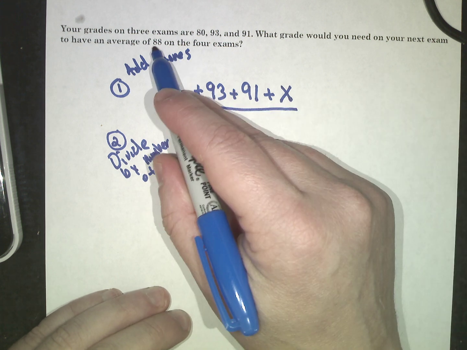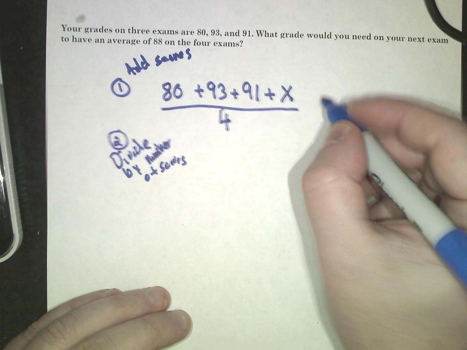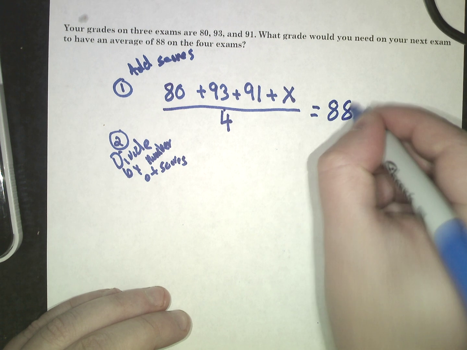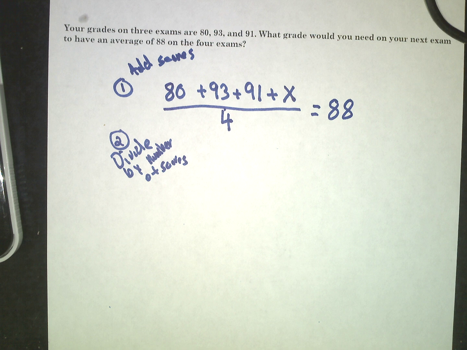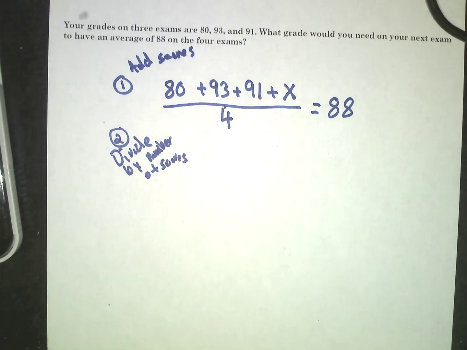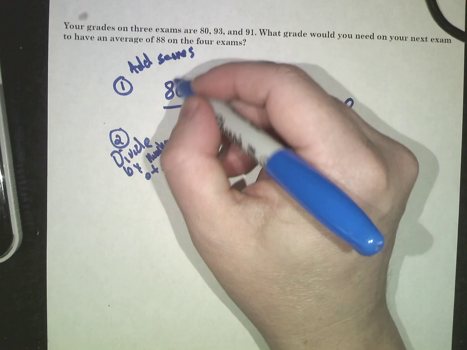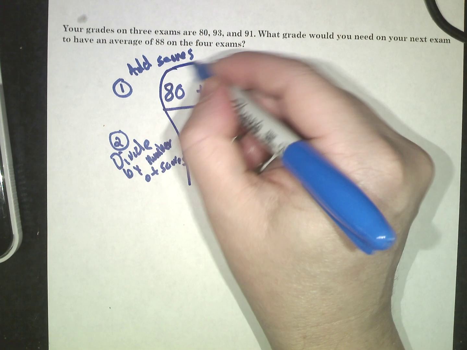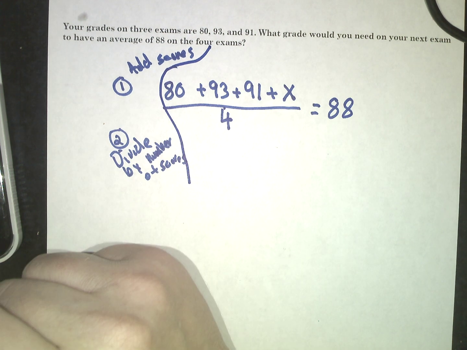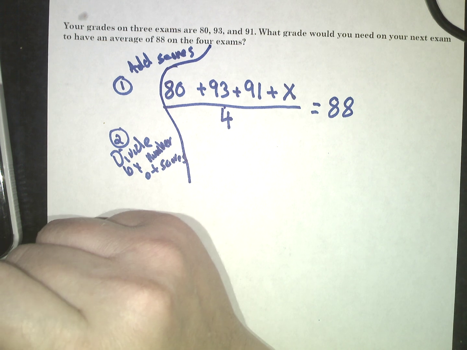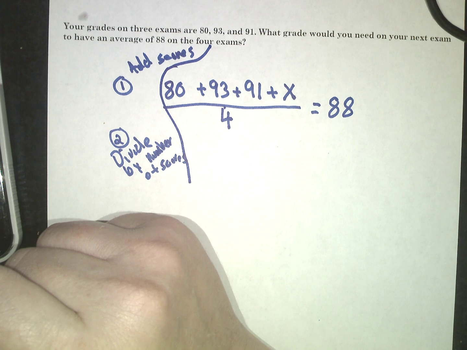Now, the average, the answer I really want, I want to know what it would be like to get an 88. So as I'm looking at this, okay, here's a problem. So we did our 2 steps. Now, something occurs to me. Okay, we're going to have to do algebra. Okay, we're somehow going to have to figure out that X.